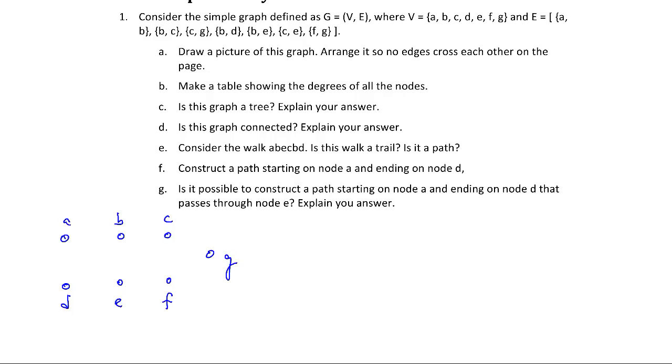And I will connect these now with the edges: first from A to B, next from B to C, next from C to G, then from B to D, then B to E, C to E, and F to G. Okay, so there's a picture, and the way I happen to lay the vertices on the page, I had no edges crossing each other.